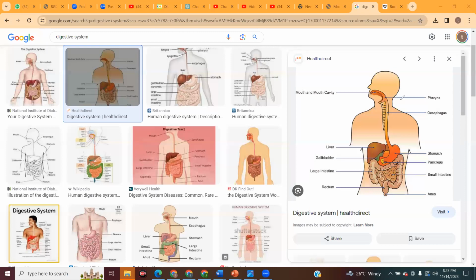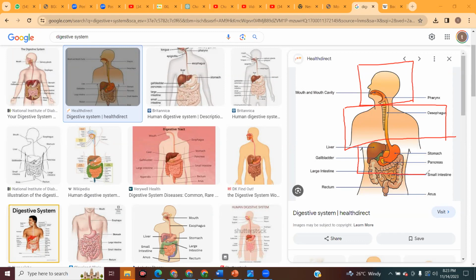So if we look at it, this part right here is going to be what? That's the cranial cavity. Good. This part right here is the thoracic cavity. Good. And then this part right here is the abdominal cavity.